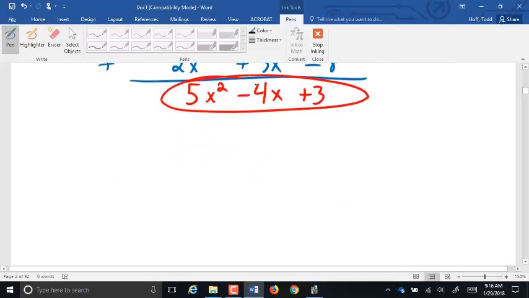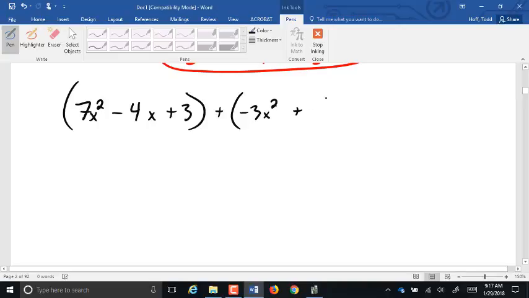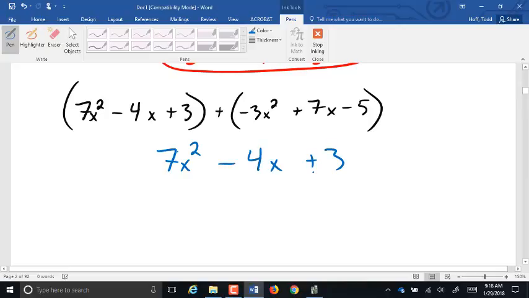I'm going to have you guys try one in your notes. Seven x squared minus 4x plus 3 plus negative 3x squared plus 7x minus 5. Give you a minute to do that one. So we'll write it out. 7x squared minus 4x plus 3.